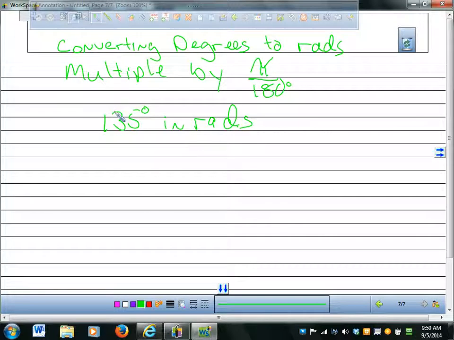No. Okay, 135 in rads. So I'm going to go 135, multiply that by pi over 180, and look for things to cancel. What number goes into both 135 and 180? Bigger. Really big.